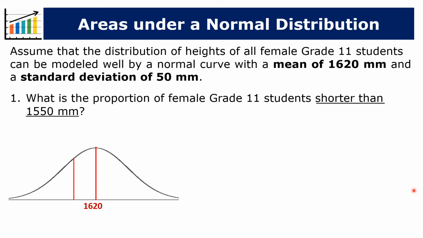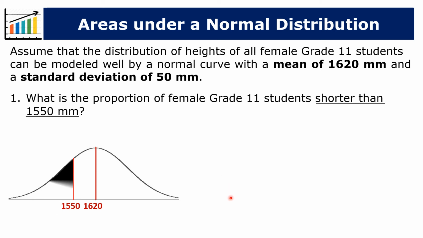Now, since the question is, what is the proportion of female grade 11 students shorter than 1,550 millimeters? So, where can we find 1,550 millimeters? It is to the left of the mean, which is 1,620. So, here we will find 1,550. So, as you can see, this is not in a standard normal distribution.